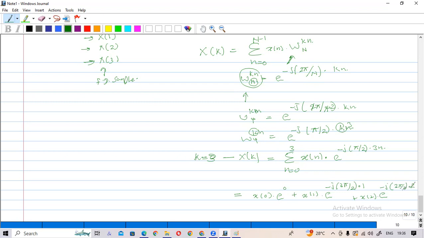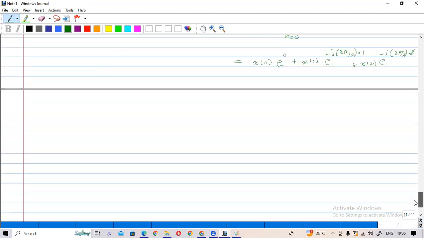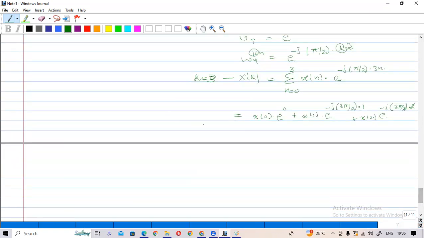So this 2 and 2 cancel out, and you will have only 3π, plus x(3) times e to the power minus j 3π by 2 for n equal to 3, so it will be 9π by 2.